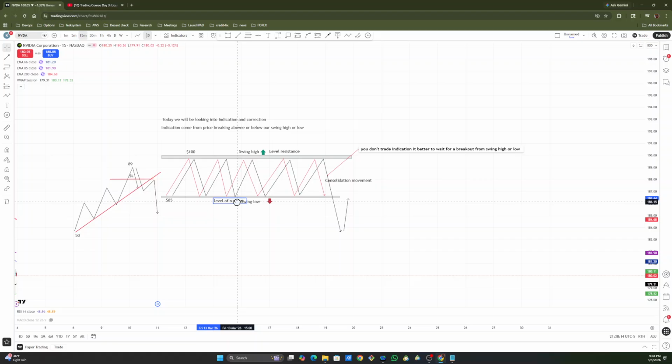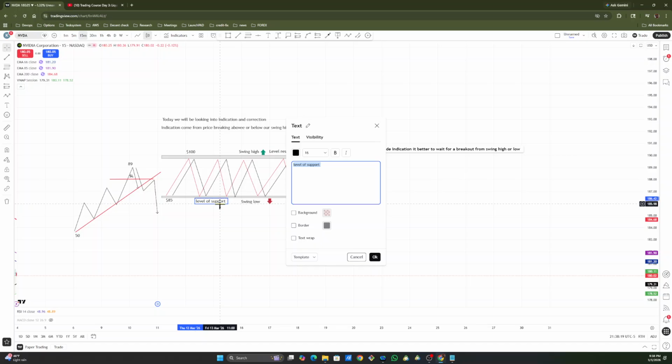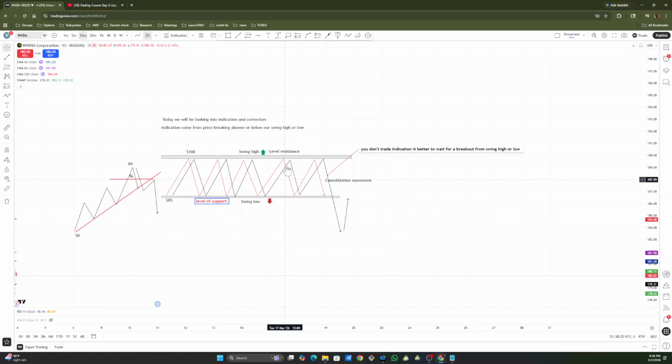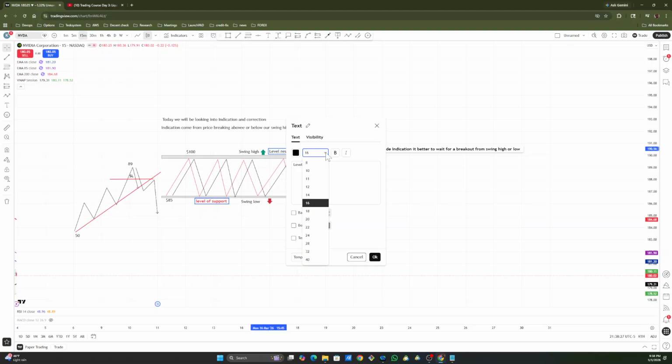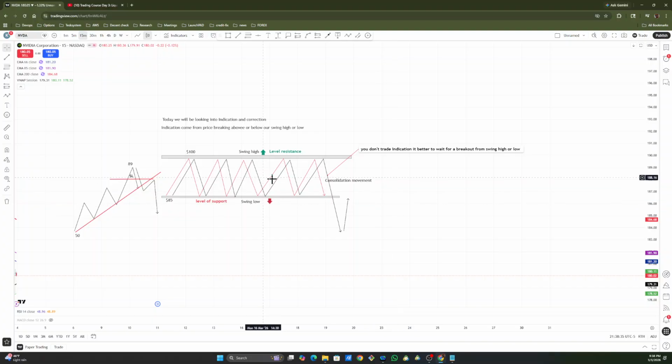But if you want to go with levels of support and resistance, it still helps because at the end of the day, we want to understand that this is where the market currently is, and this is what I'm looking to do. It gives you more clarity on what your next action should be within the market. And correction, I'm going to write this down here.